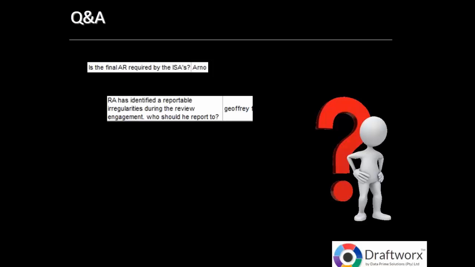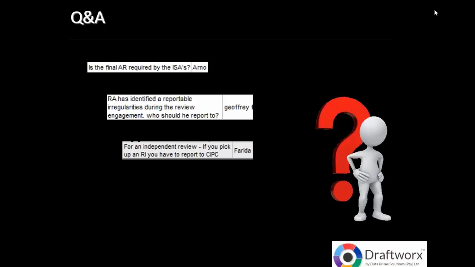So the CIPC is the body to report to in the case of a review engagement. IRBA is if you're doing an audit. IRBA look after audits. They don't exclusively look after reviews. There are a lot of different entities or organizations that will be able to certify you to do reviews, and so that would go to the CIPC.